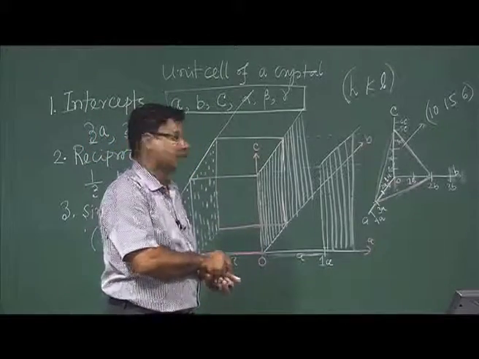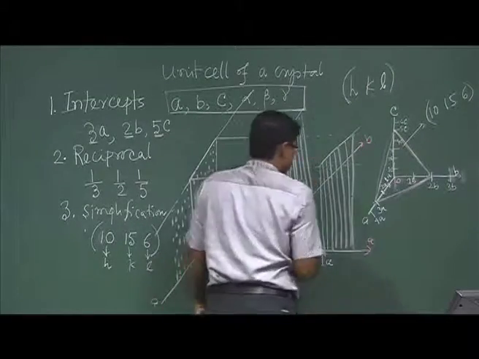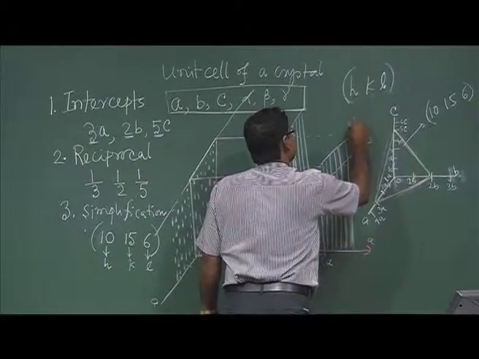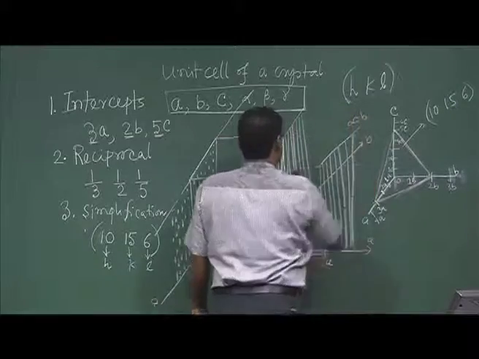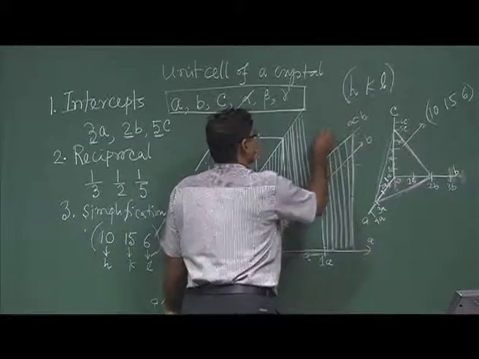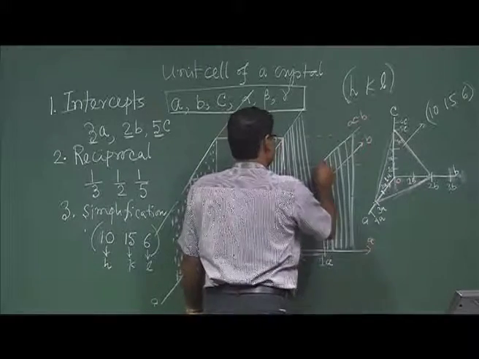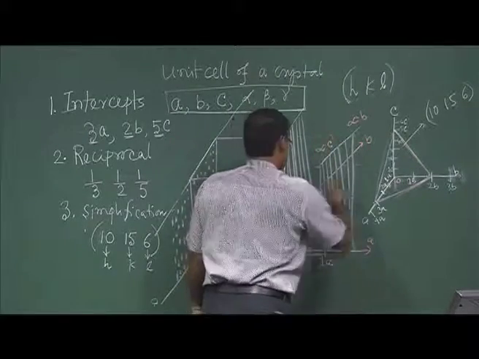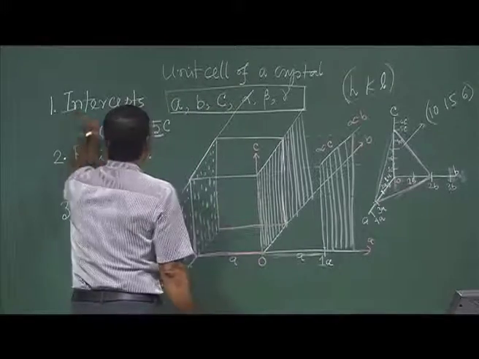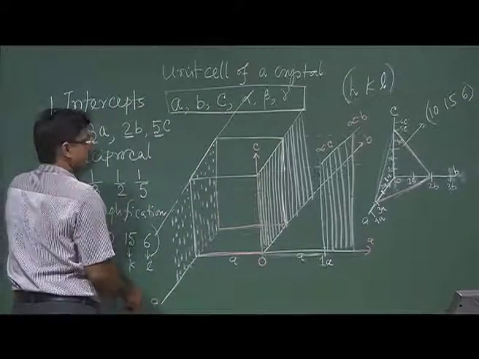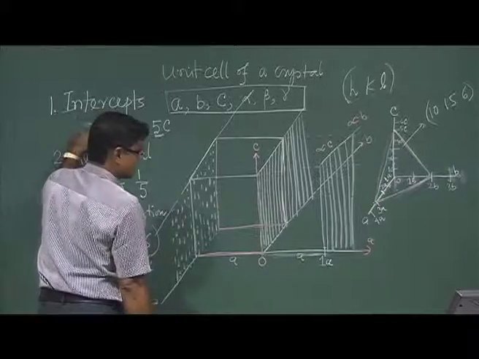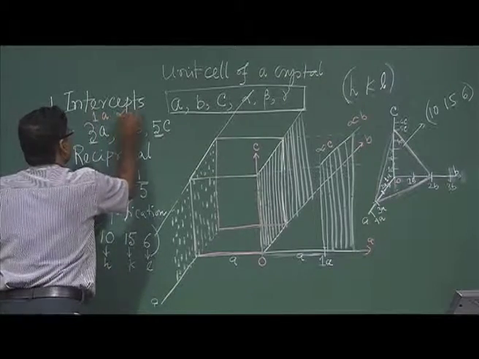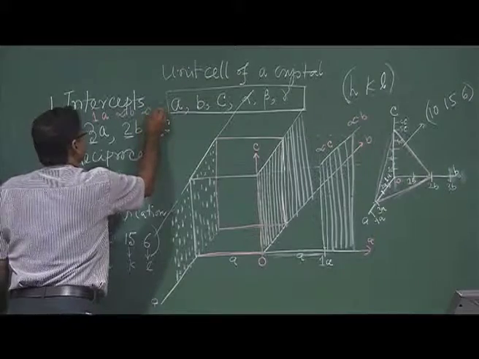So I can write the intercepts as 1A, infinity B, infinity C.